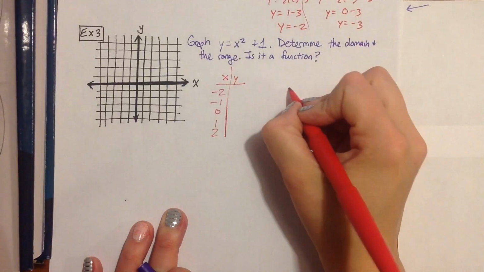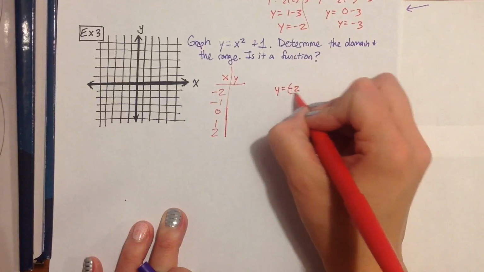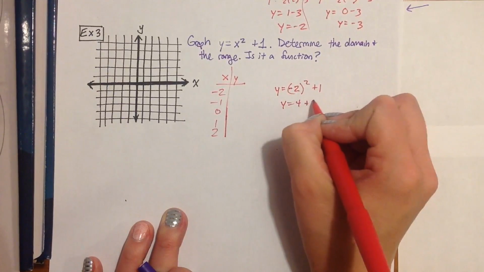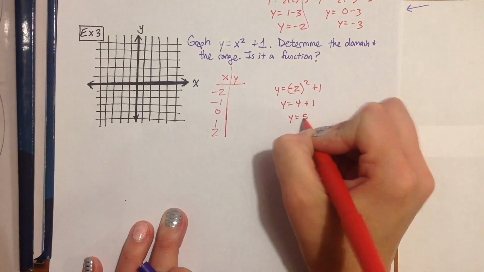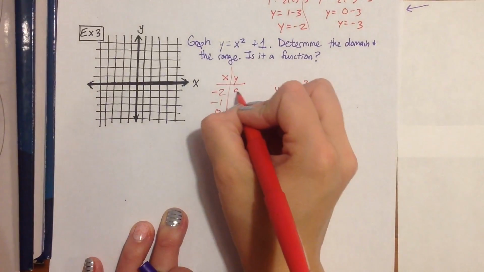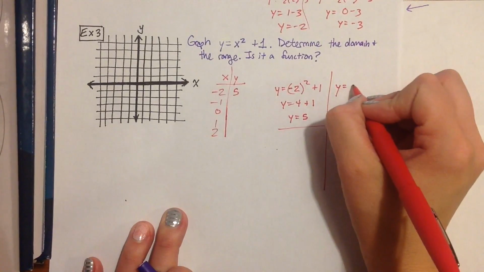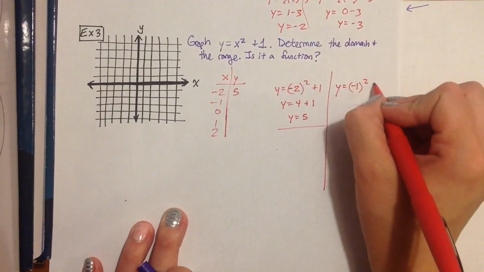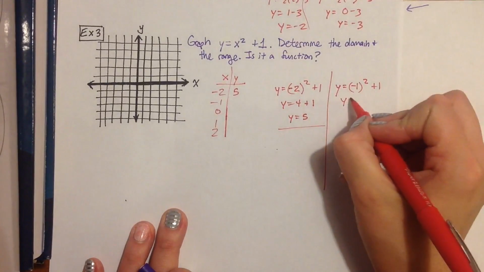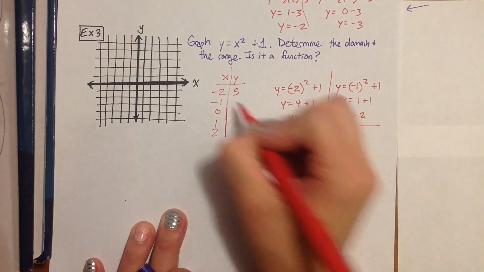I should say y equals negative 2, I'm going to square that plus 1. I get 4 plus 1, which is 5. When I plug in negative 1, square it up, plus 1, I am going to get positive 1 plus 1, and that's where I get my 2 from.